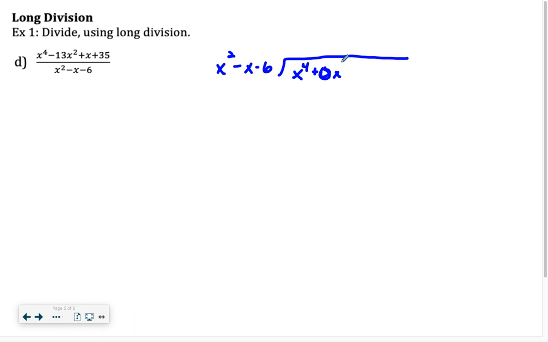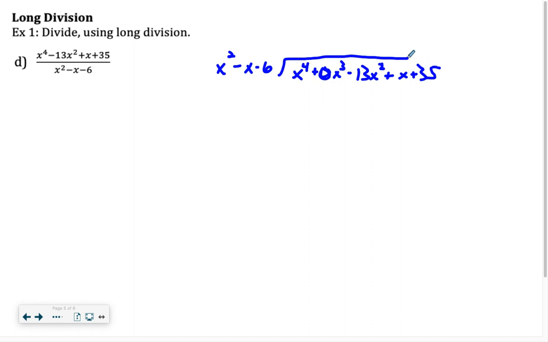I need a placeholder whenever I'm missing a term. Okay? So then minus 13x squared plus x plus 35. All right, so whenever we're missing a power, when we're looking at the powers in descending order, we need a 0 placeholder in either the divisor or the dividend.